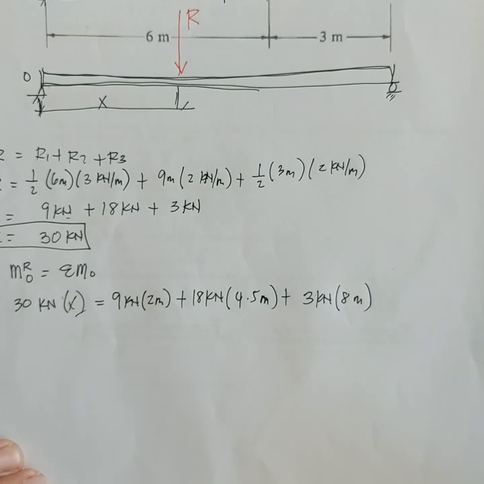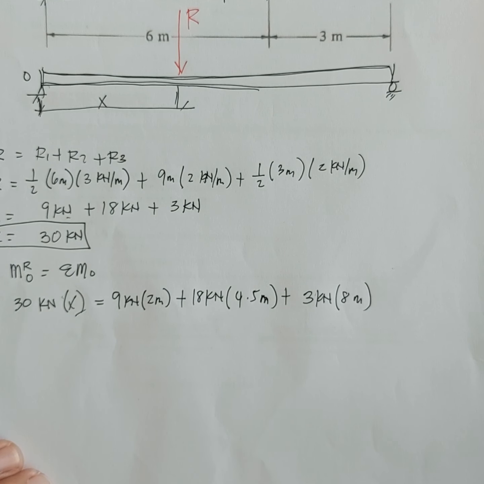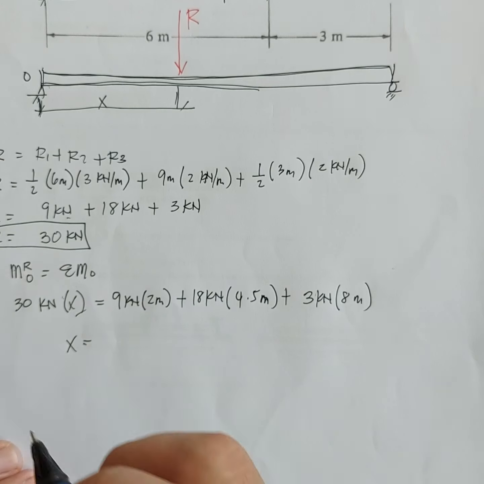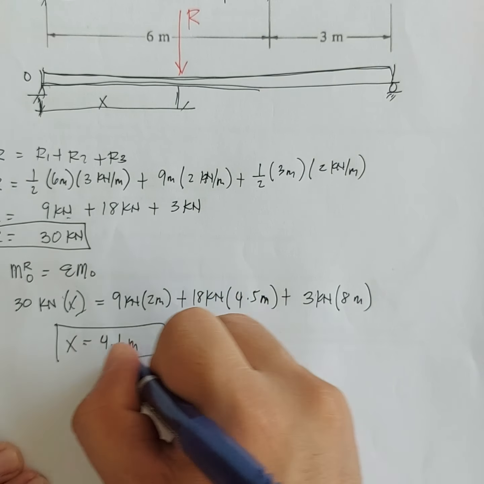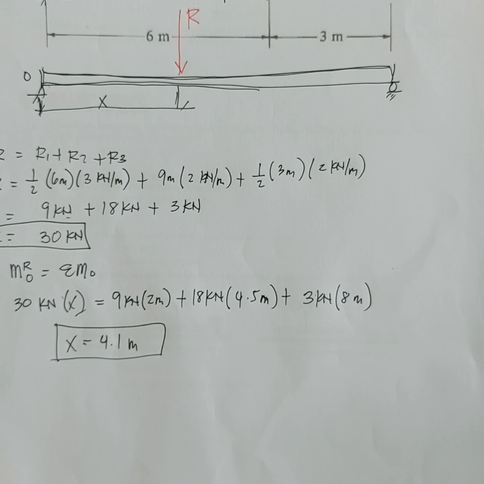Now we are left with x in the equation, so we can solve for x. x is 4.1 meters, the location of the resultant from point O. Okay, so that's it. Next chapter na tayo.